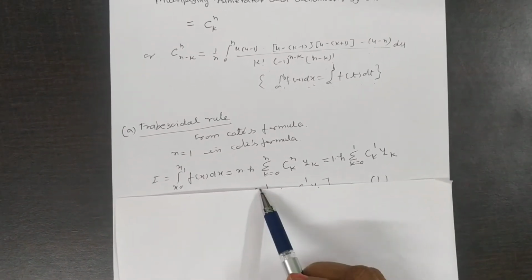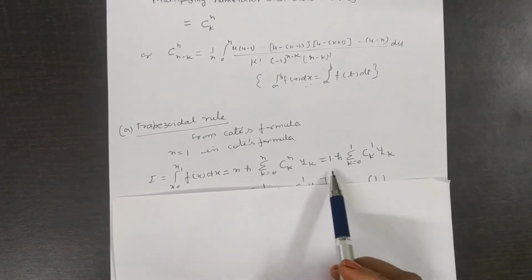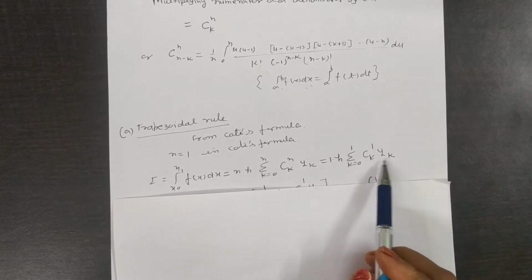Yes, clear? This is the Cotes formula, and here n is 1, so k varies from 0 to 1.